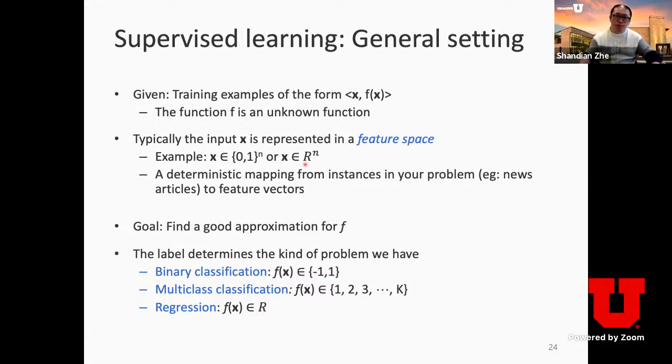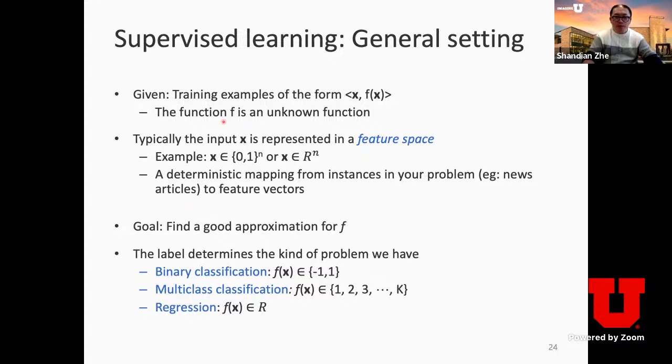Because a computer program only recognizes numbers, right? Numerical numbers. We cannot directly deal with symbols or letters from newspapers, right? We need to first extract features that can well represent the original instances. And you will see that in machine learning practice, the feature extraction procedure is very, very important.